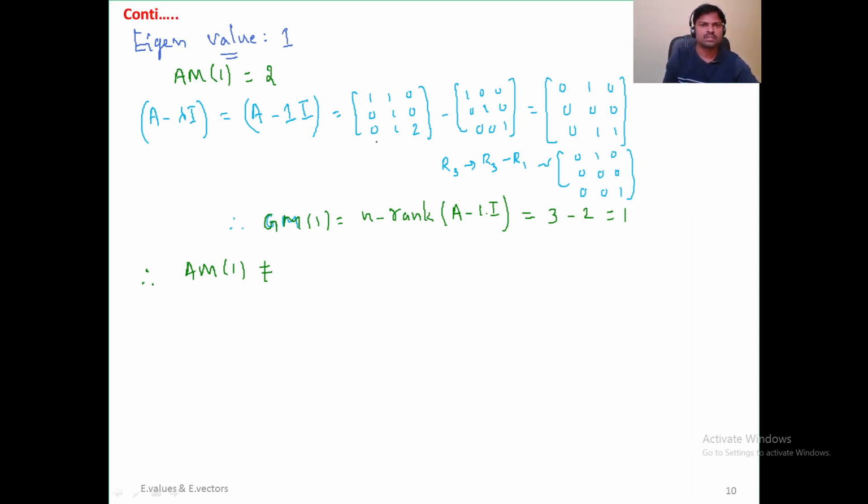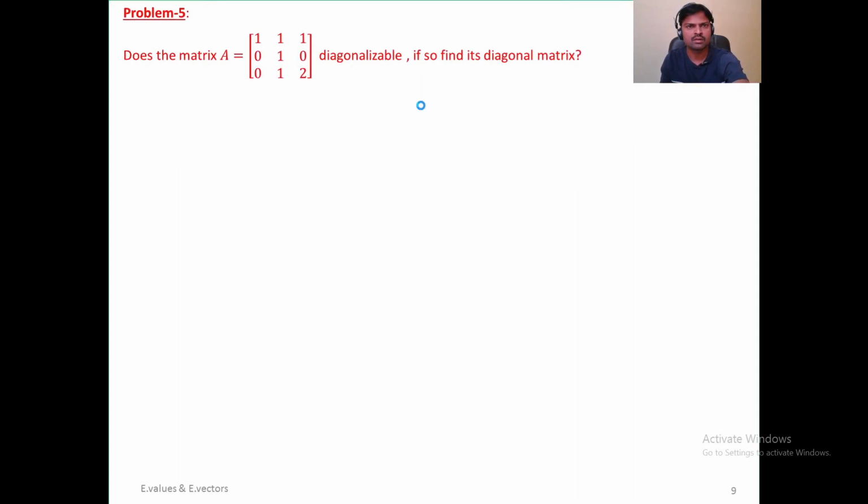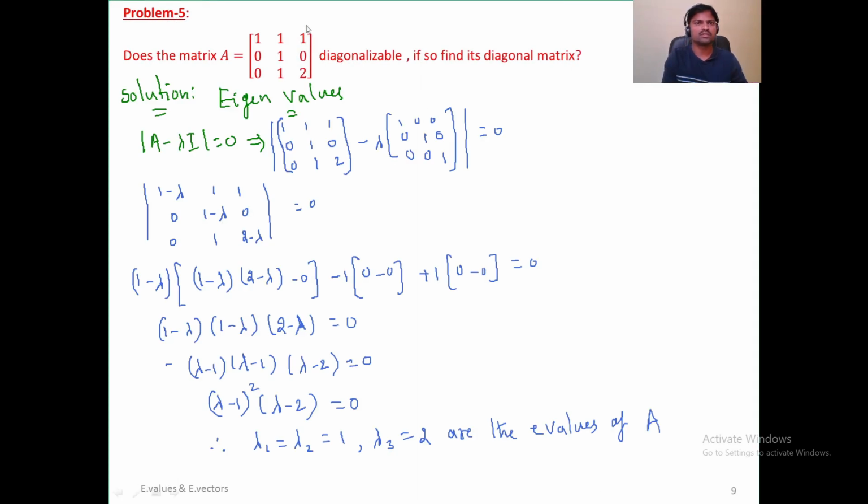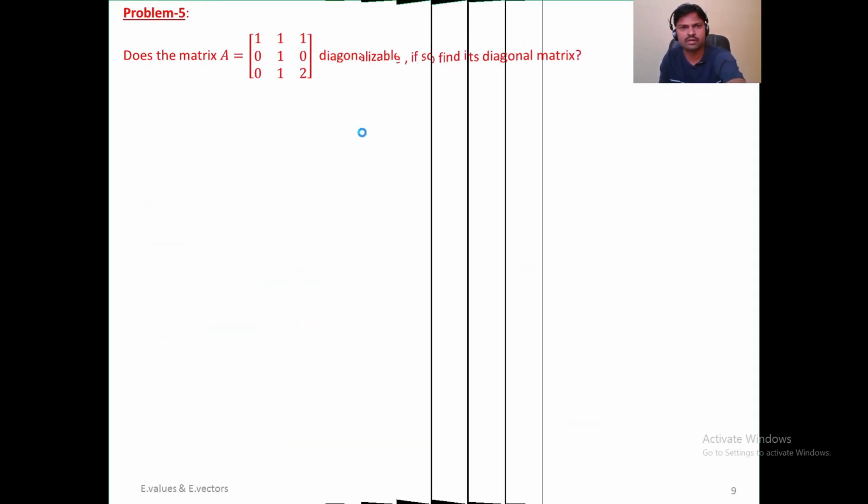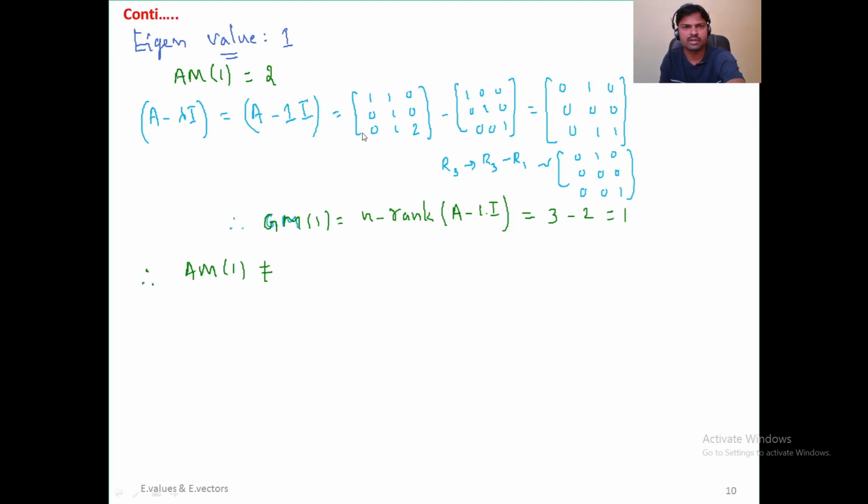I think we have substituted matrix A wrongly here. What is the matrix? Let me go back. Triple ones, right? Here triple ones, but I have taken it wrong here. Let me rectify this. So this is not 0, this is 1, right?